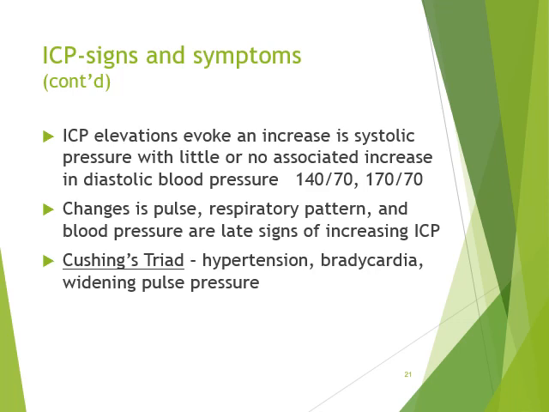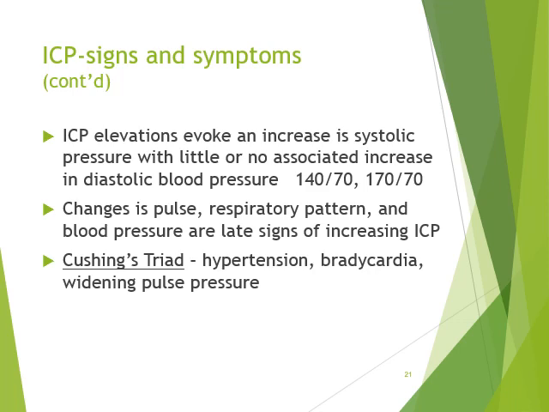Cushing's triad, that's important in NCLEX. That might pop up, and there's three things that occur in the Cushing's triad: hypertension, bradycardia, and a widening pulse pressure. That's Cushing's triad.